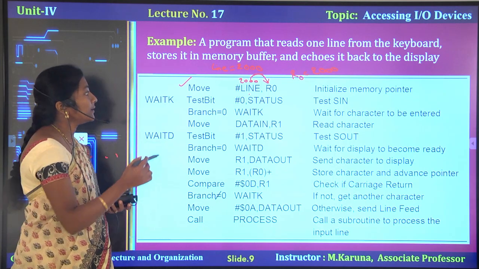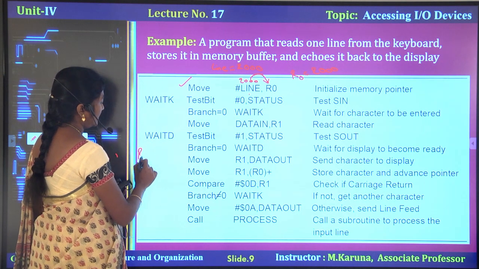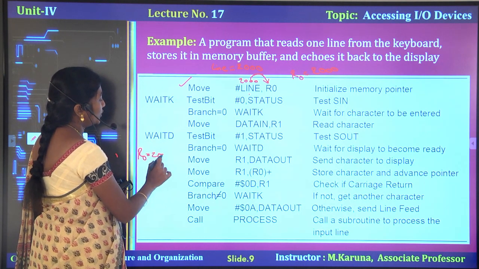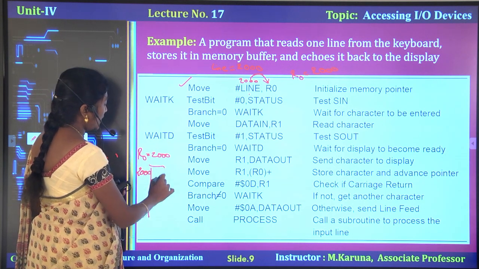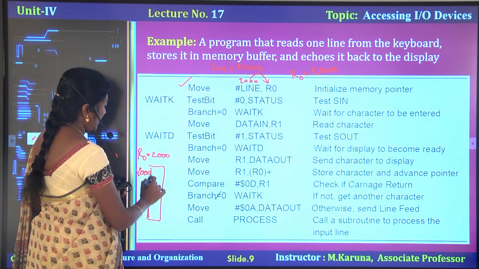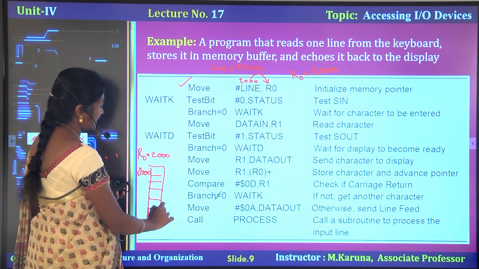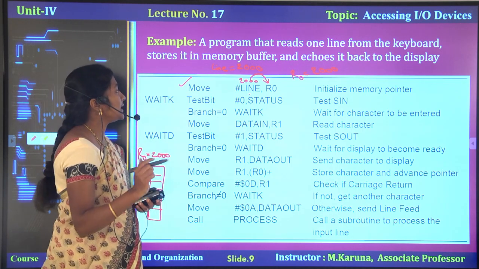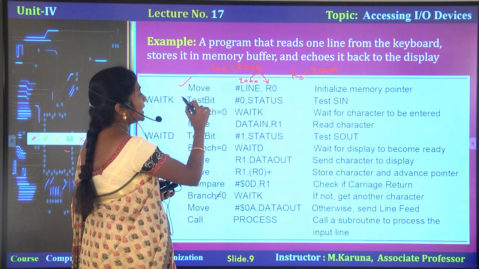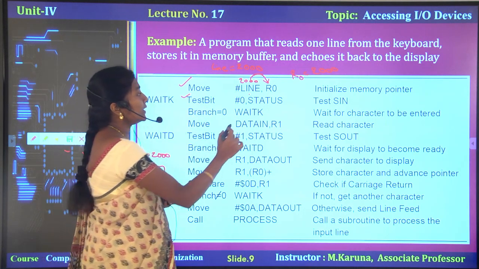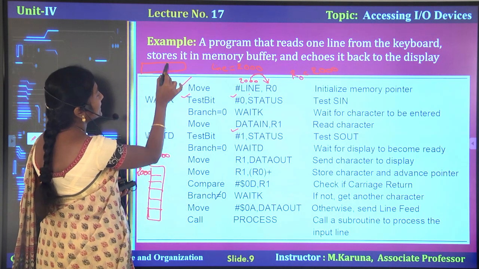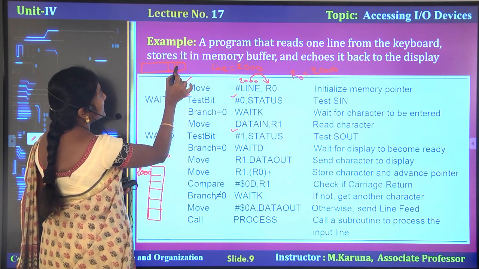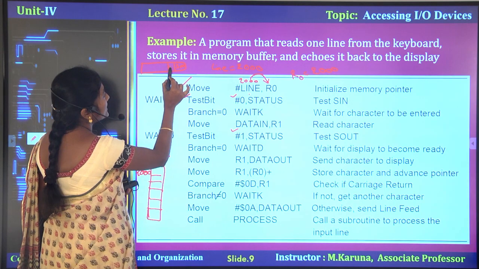Here R0 has the address 2000. At address 2000 we have to load all the characters to be displayed. Initially we use the test bit instruction. The status register contains SIN and SOUT.